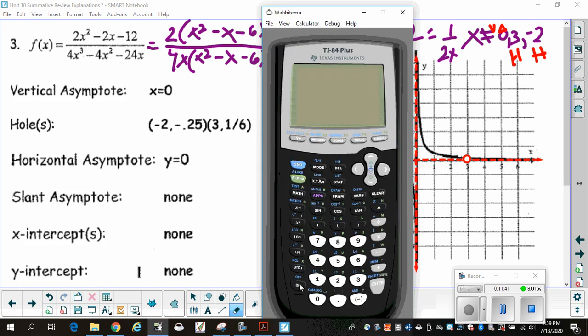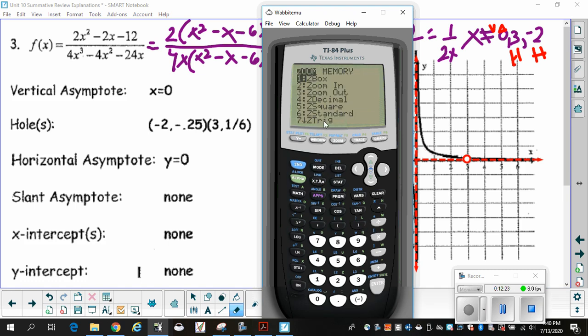If I pull up this guy, I can come in here, and I can do 2x squared minus 2x minus 12, put a parenthesis, divided by 4x cubed minus 4x squared minus 24x, in the parenthesis, hit enter.